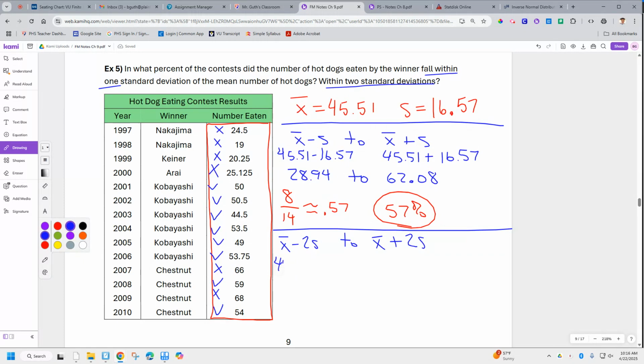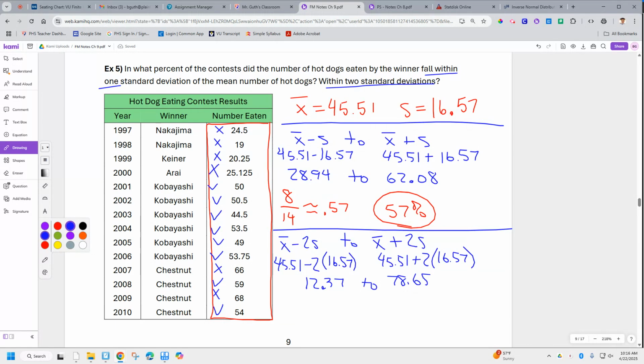And all you're going to do is 45.51 minus 2 times 16.57 and 45.51 plus 2 times 16.57. Simple calculation. That gives you this range of 12.37 to 78.65.